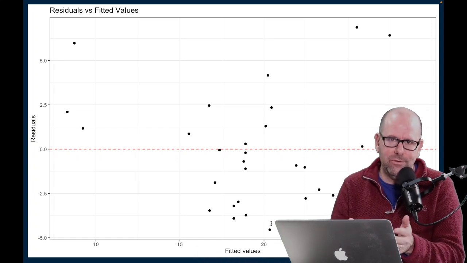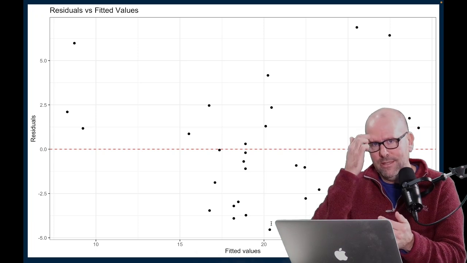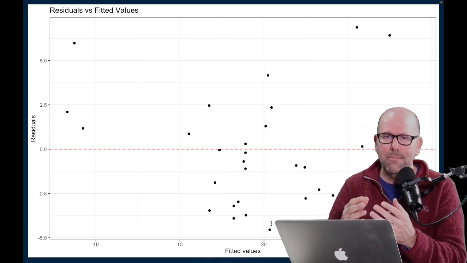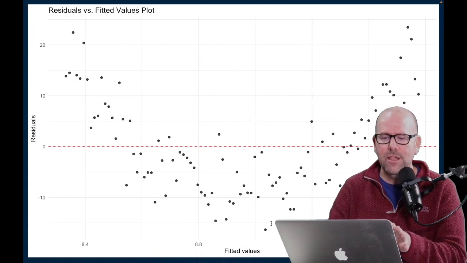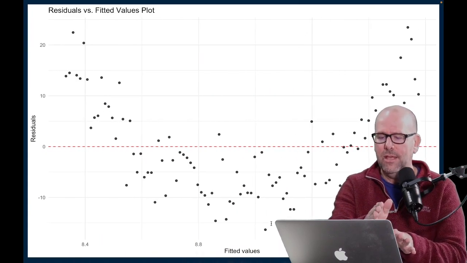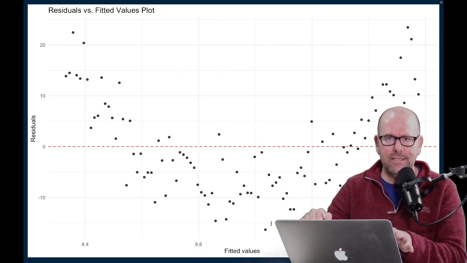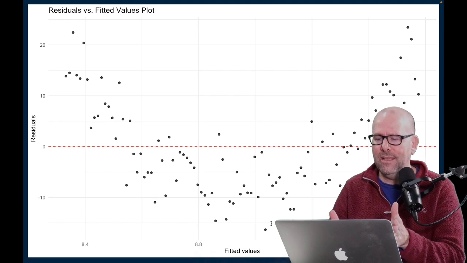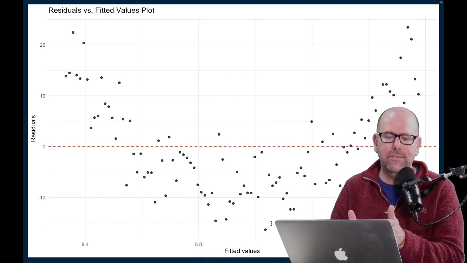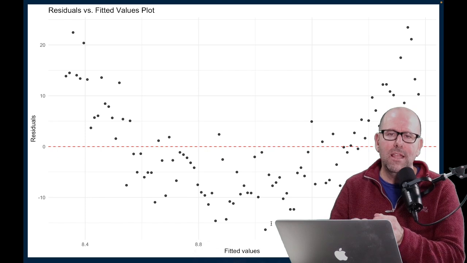So we first check them visually and we say, look, there's nothing dramatic to see here. There's no massive pattern. And let me show you what I mean by a pattern. Here, you can see there's a very clear pattern, and that suggests something is afoot. There's some sort of systematic change as you go across the fitted values with respect to what the residuals are.